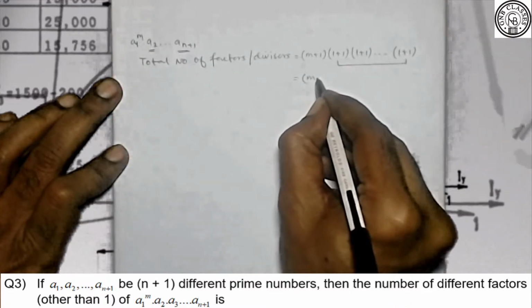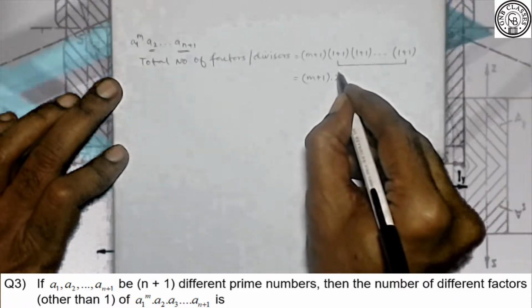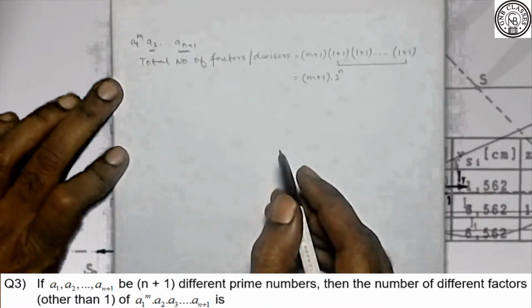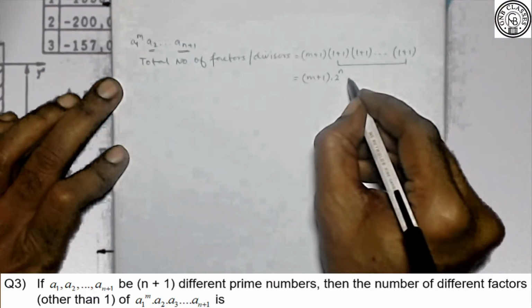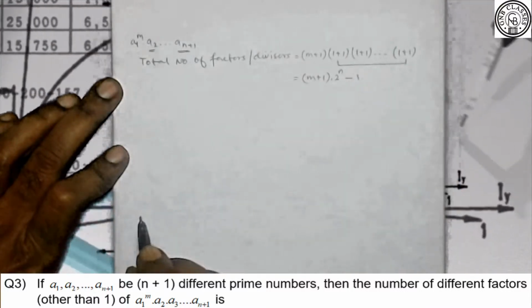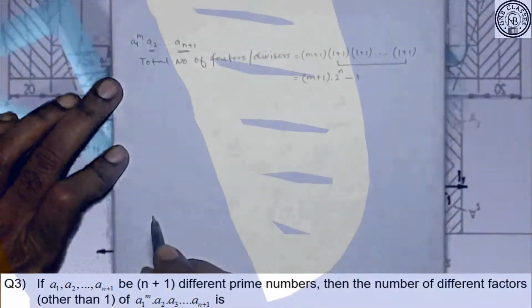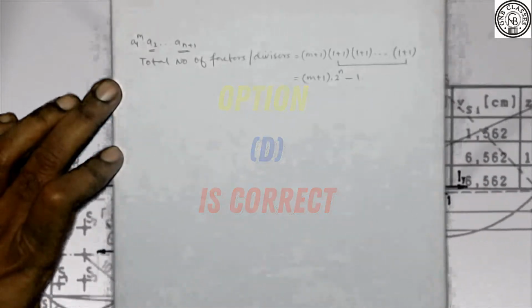So the total number of factors or divisors will be m plus 1 into 2 to the power n. But they have asked you to find the number of divisors excluding 1. Therefore, the total number of factors or divisors will be m plus 1 into 2 to the power n minus 1. Hence, option D is correct.